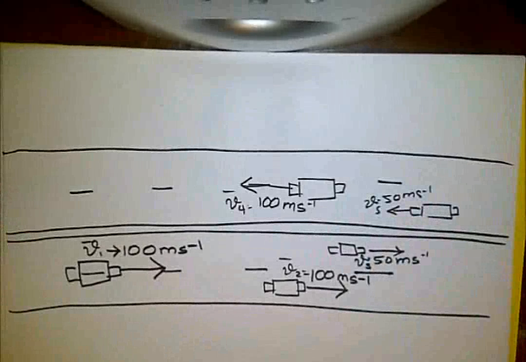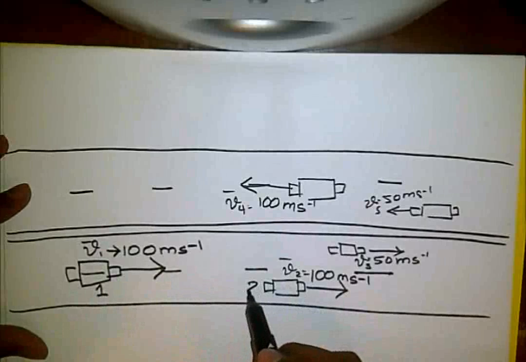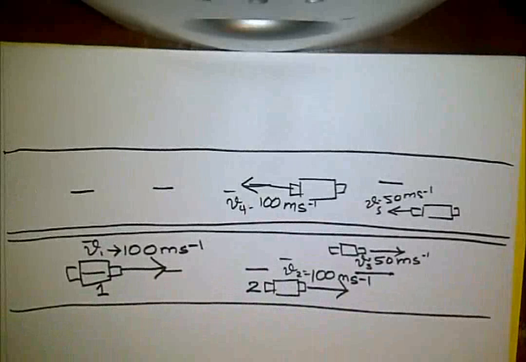So we have this little example of a bunch of cars moving on a road. By just looking at this, it's obvious to see that car number 1 and car number 2 are going in the same direction and they have the same speed. And what did we say velocity was?